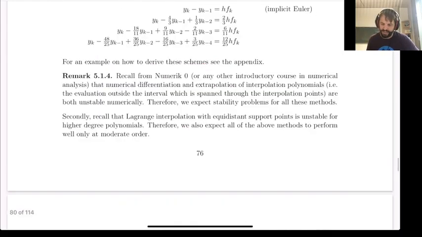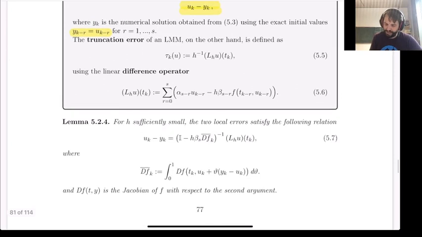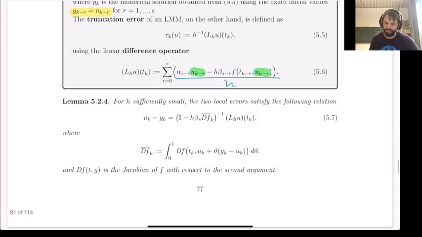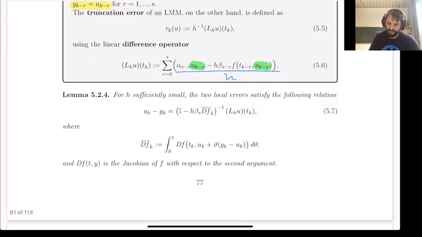So the truncation error is saying, if I actually stick the true values in, so uk minus r, and I divide it by h, the whole thing here, then that's how much the ODE, or the approximation of the ODE, is not satisfied by the true solution. And then we observe that the link between the two is this one.